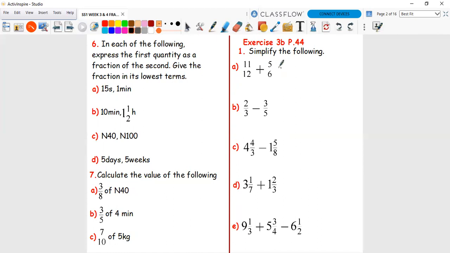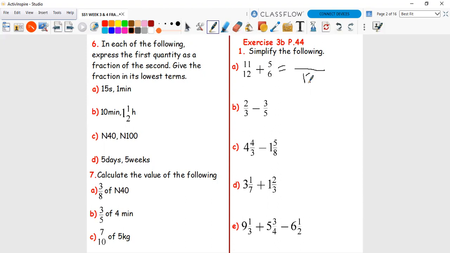So here, the first thing you need to do is find the LCM. LCM of 12 and 6 is 12, because it's a multiplicative factor. LCM, not highest common factor. My bad. So it's 12.